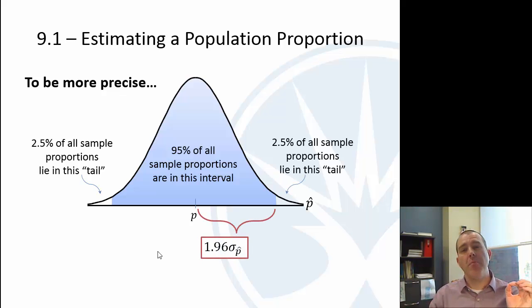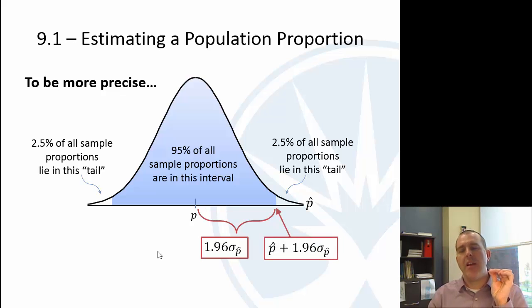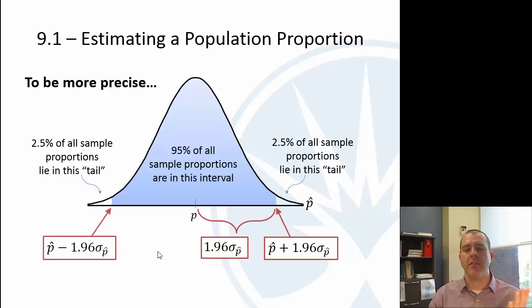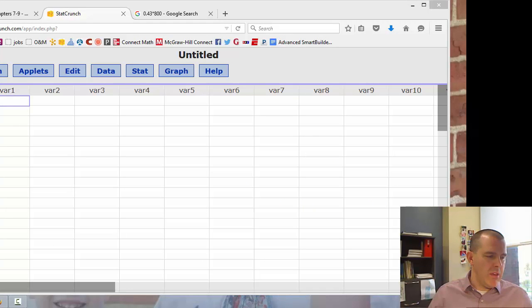And so if you have 1.96 standard deviations, if we're really precise, then that upper limit would be the sample proportion, whatever our estimate is, plus 1.96, and the lower would be minus 1.96. In fact, hold on here. That should actually be, oops, p and p.